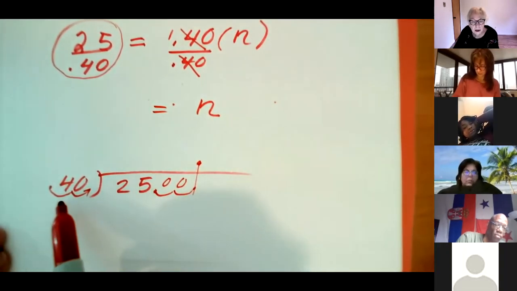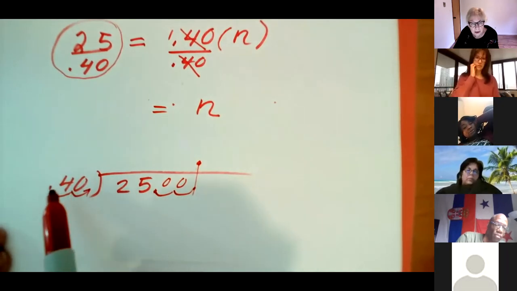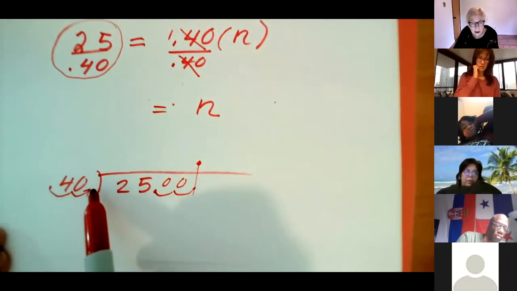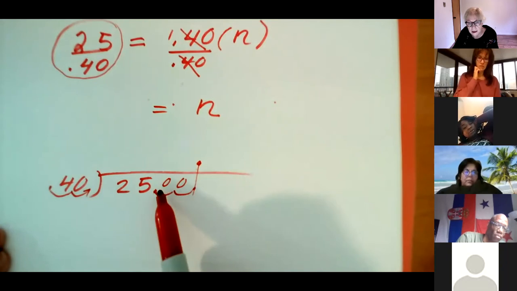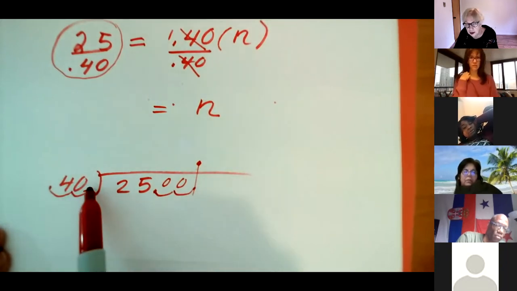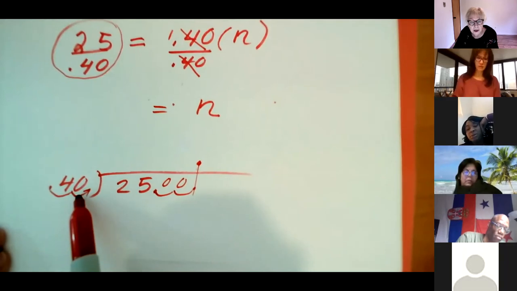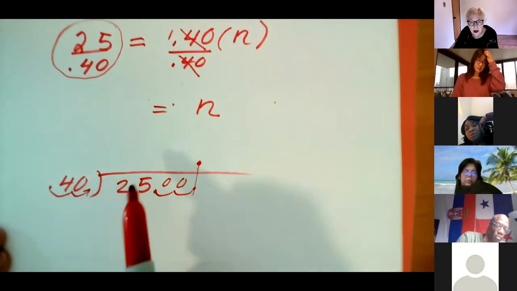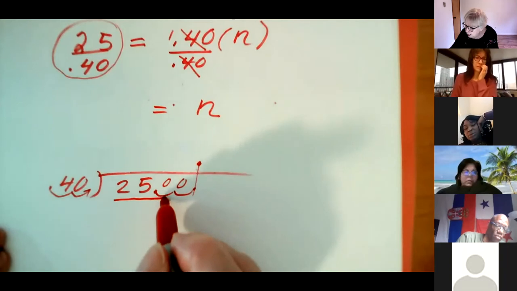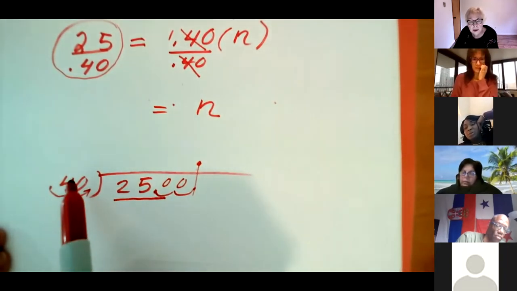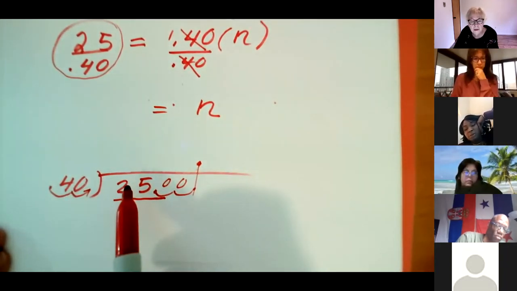So this 0.40 became a full 40. This, by multiplying actually by 100, is the same thing. And so now I'm going to do this problem. 40 into 25 will not go, but 40 into 250 will. It's the same as 4 into 25.